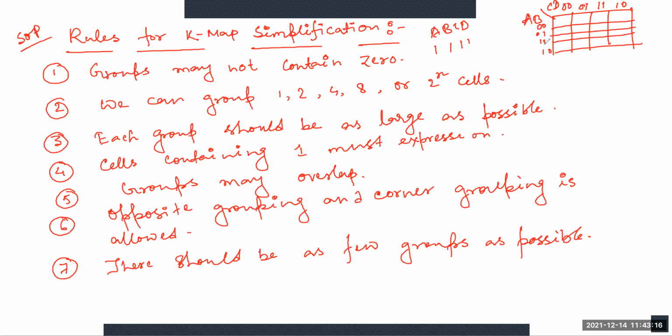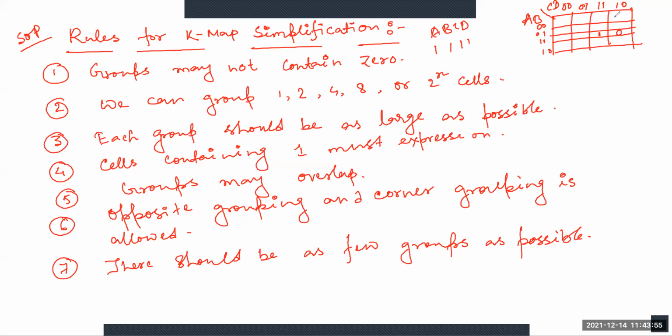So AB means the third row, and CD means the third column. Absolutely. So this block is indicated, and here we write 1. Groups may not contain 0. Suppose there is a 0; we will not consider this 0. We will only consider 1. This is for SOP.